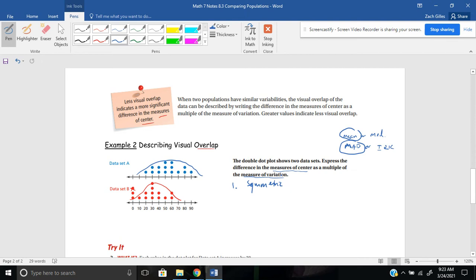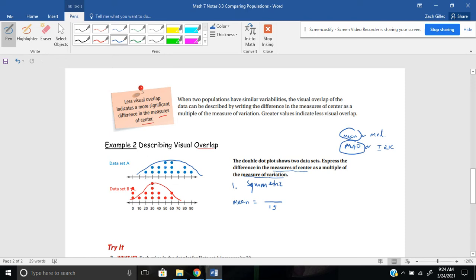Okay, so what I need to do then is I first need to find my mean. I need to find my average. So to do that, I need to add all my numbers together and divide by how many there are. So I'm just going to count first to see how many data points I have. 1, 2, 3, 4, 5, 6, 7, 8, 9, 10, 11, 12, 13, 14, 15. So I have 15 different points. I'll add up my total here. I'm just going to use a calculator for this, guys.